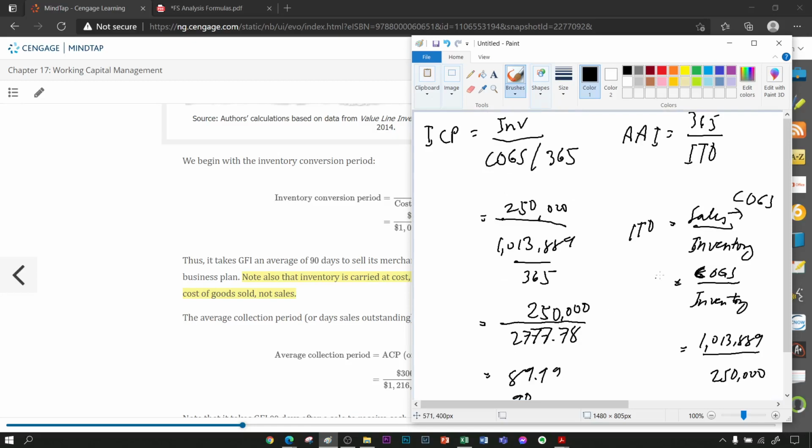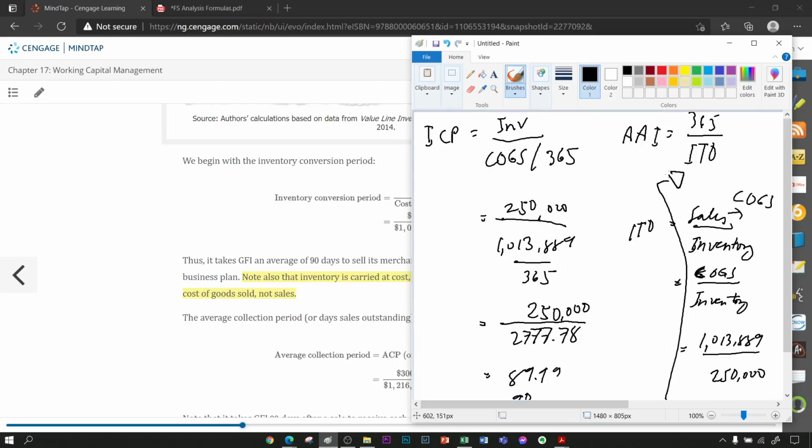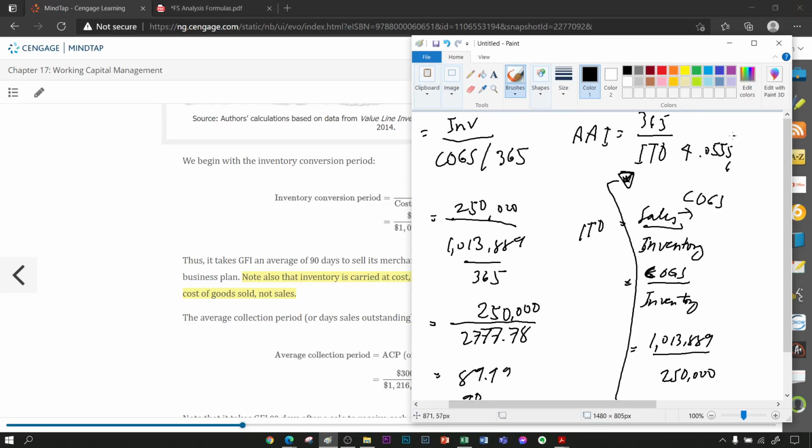Gagamitin mo pa yan dito sa formula sa taas. Okay. So, 4.055. Okay. Pwede ba ito i-move? Yan. Pwede pala eh. So, i-divide mo nga. Try mo kung pareho yung magiging sagot. 365 divided by yan. Oh, okay. Pareho. 89.99 din, no? Or 90. So, conclude natin na same nga lang yung lalabas na sagot.